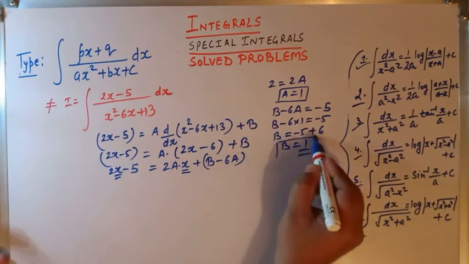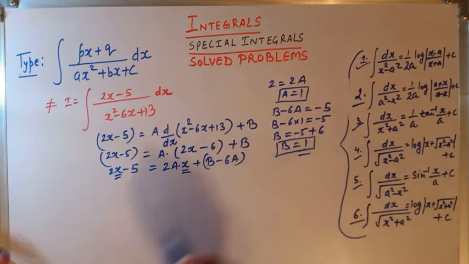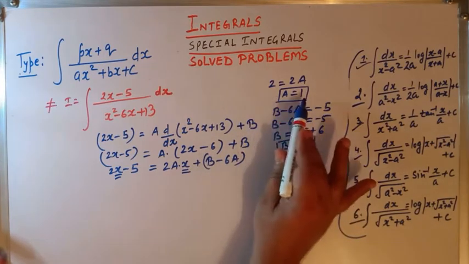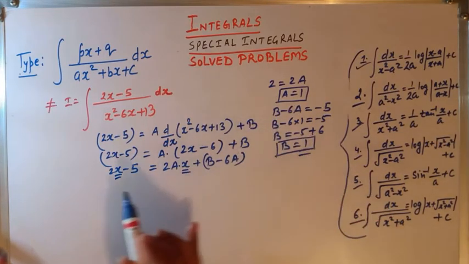Clear? So this is the value of b. So we have a is 1, b is 1. Clear?